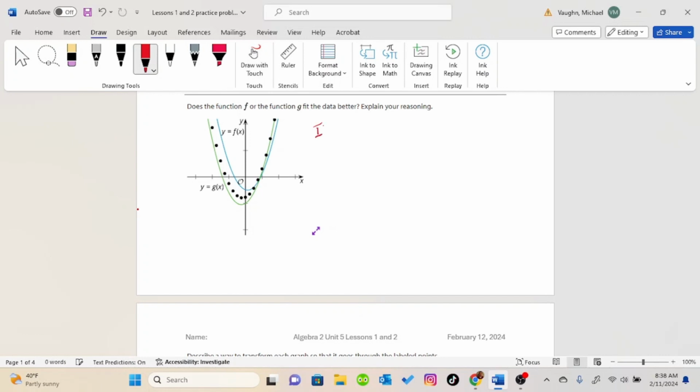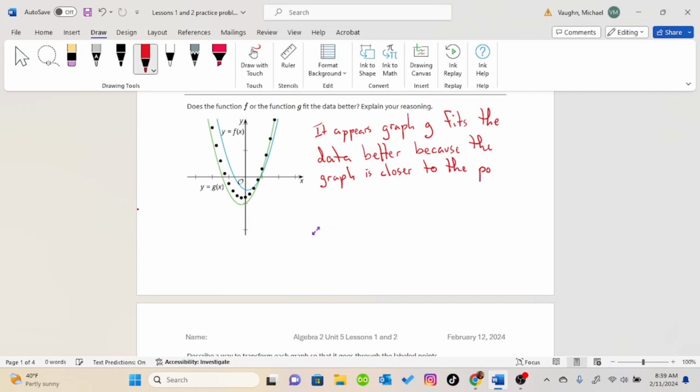So it appears graph G fits the data better because the graph is closer to the points than graph F is.